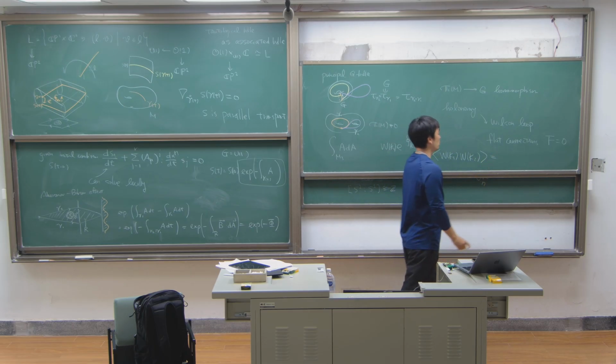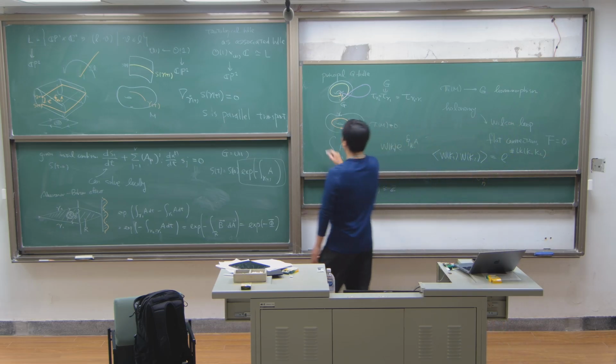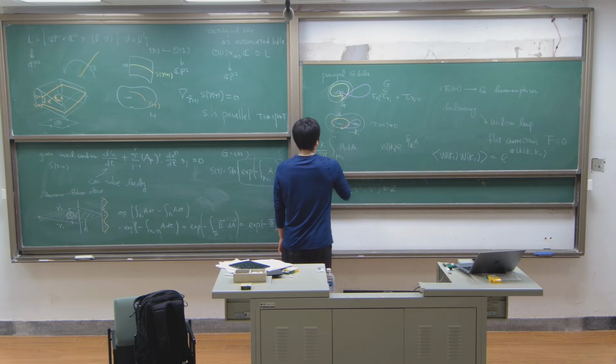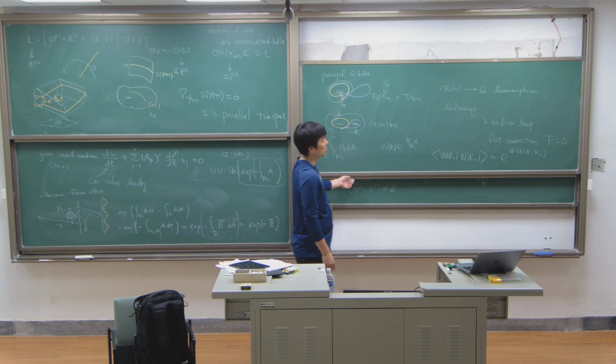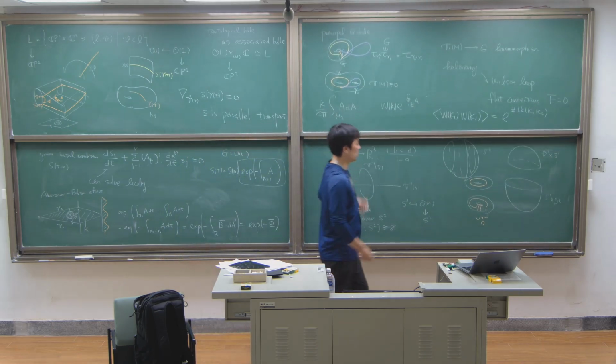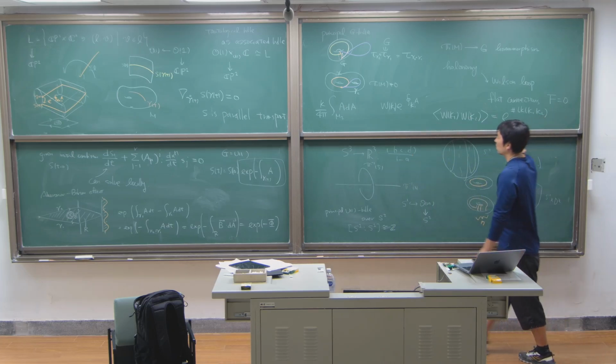And then this is given by e to some number times the linking number of K1 and K2.